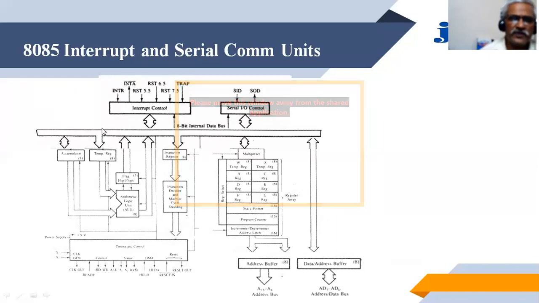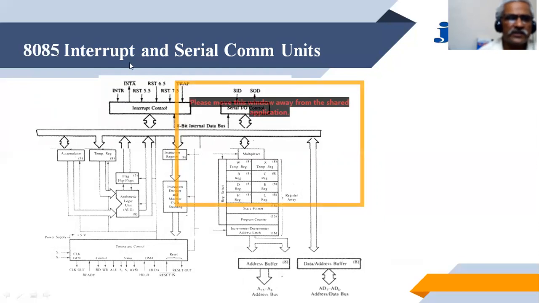So the purpose of this interrupt control unit is to provide a mechanism whereby the 8085 can allow external devices to interact with it so that certain operations can take place. The serial I/O unit is used for allowing serial communication with the 8085, either the serial input or the serial output.